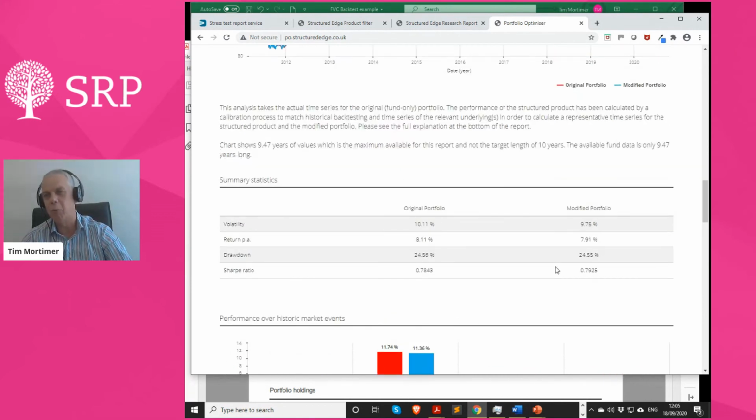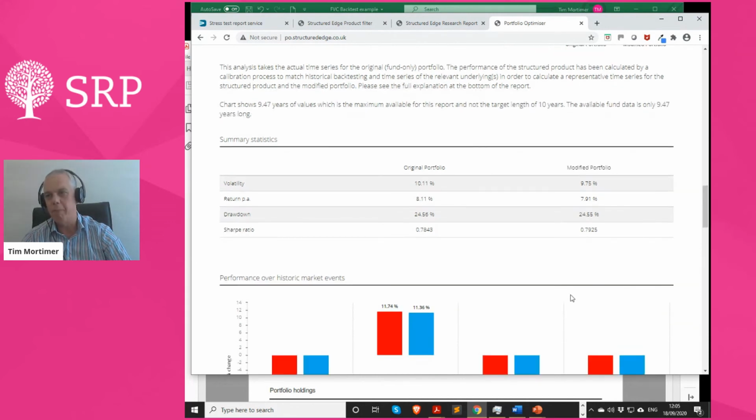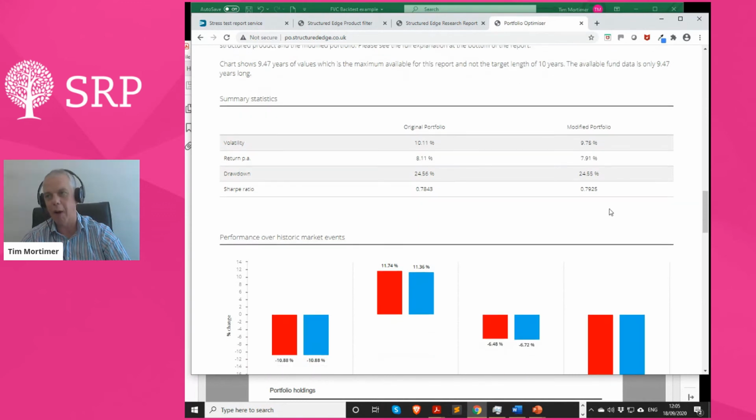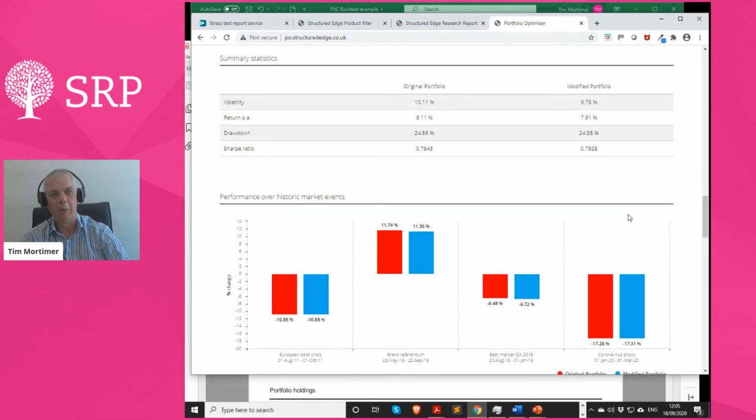So we've only made a small change in the portfolio, and we've used probably similar asset classes. So you're not going to get a big change, but a reduction in volatility and an improved Sharpe ratio is a very strong story.